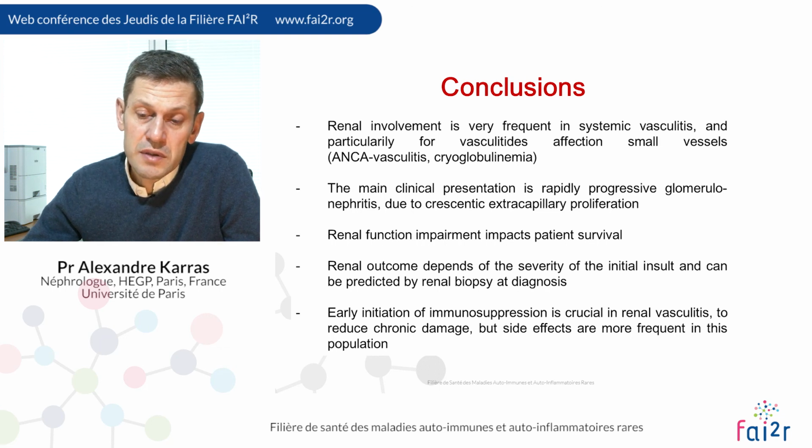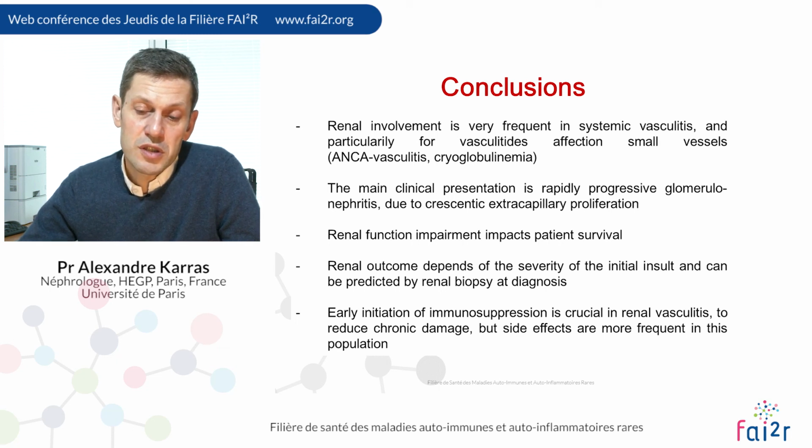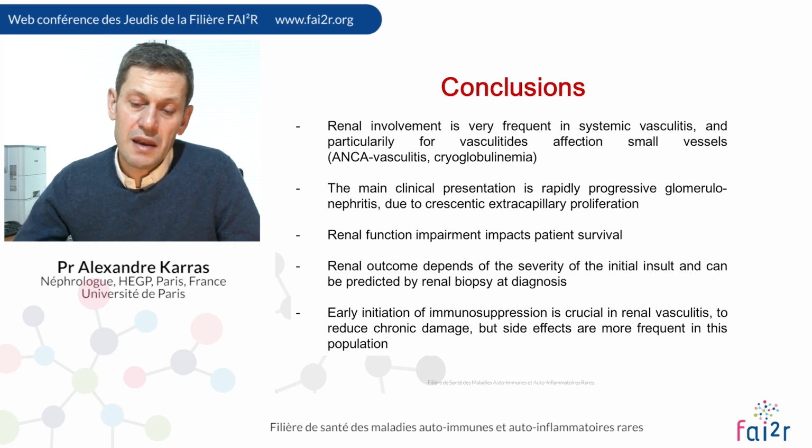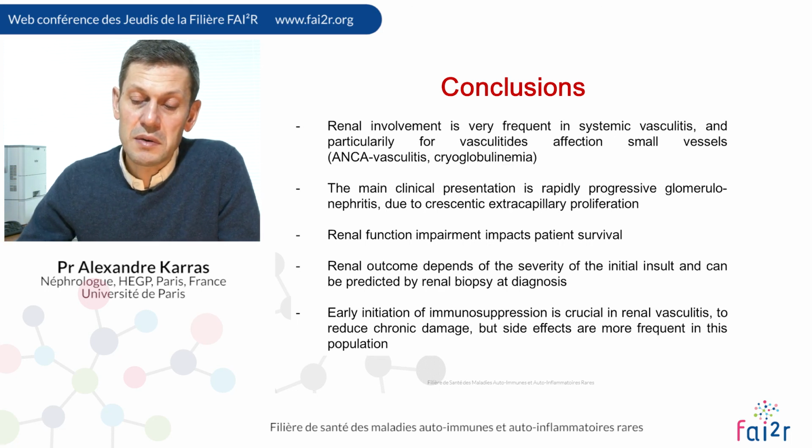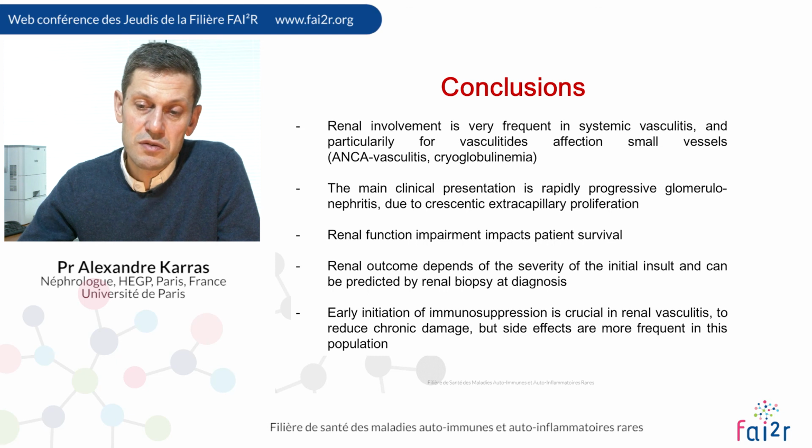The renal outcome depends on the severity of the initial insult, but can be predicted by renal biopsy at diagnosis. Early initiation of immunosuppression is crucial for renal vasculitis in order to reduce damage. But we have to keep in mind that kidney disease is responsible for many side effects of immunosuppression, and maybe we should try to reduce the burden of immunosuppression in this specific subpopulation.